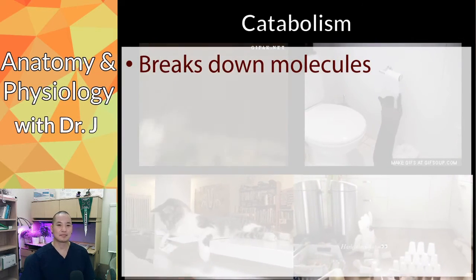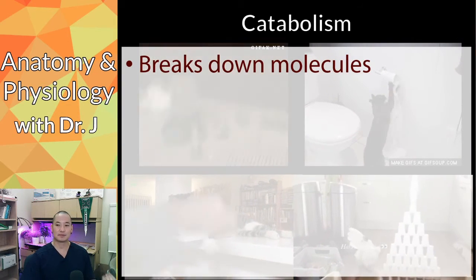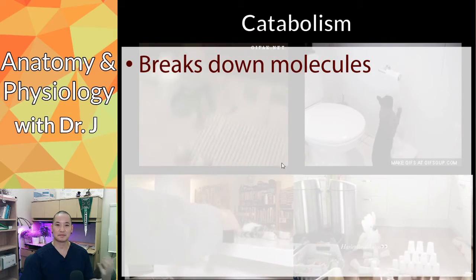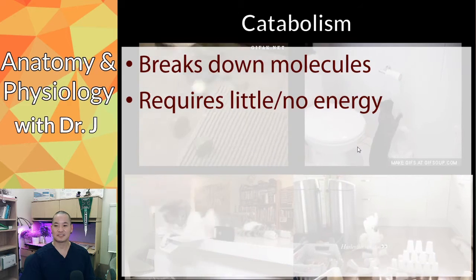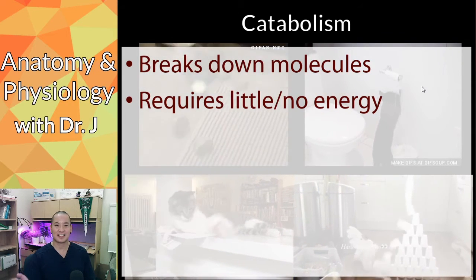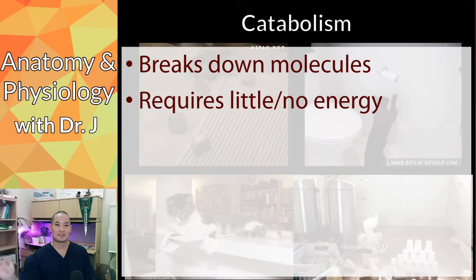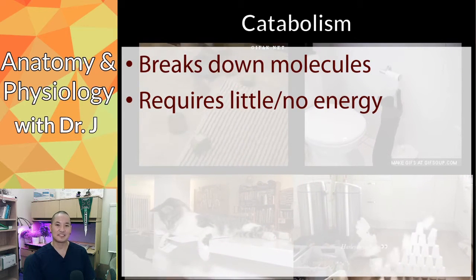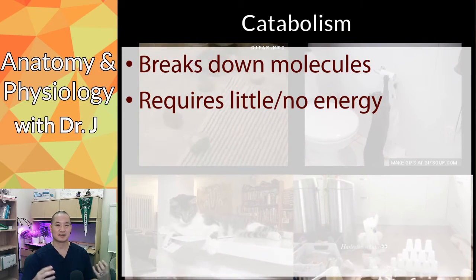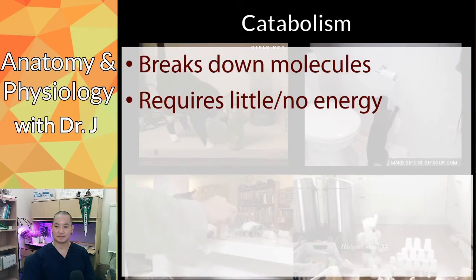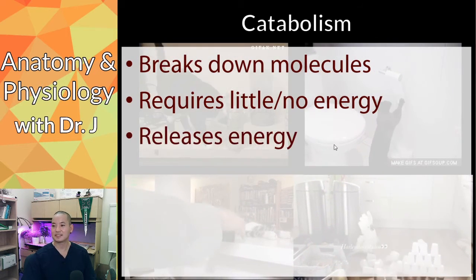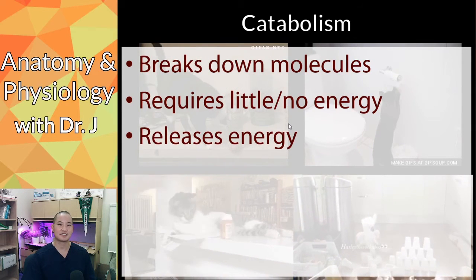So what does catabolism do? It takes a bigger molecule and breaks it down, so a complex structure is made into simpler molecules. And it requires little to no energy. Notice that all those little cats and that one non-cat are just putting in a little energy, but the destruction of the molecule requires less energy than actually building something up. So it releases, and sometimes it releases energy as well.